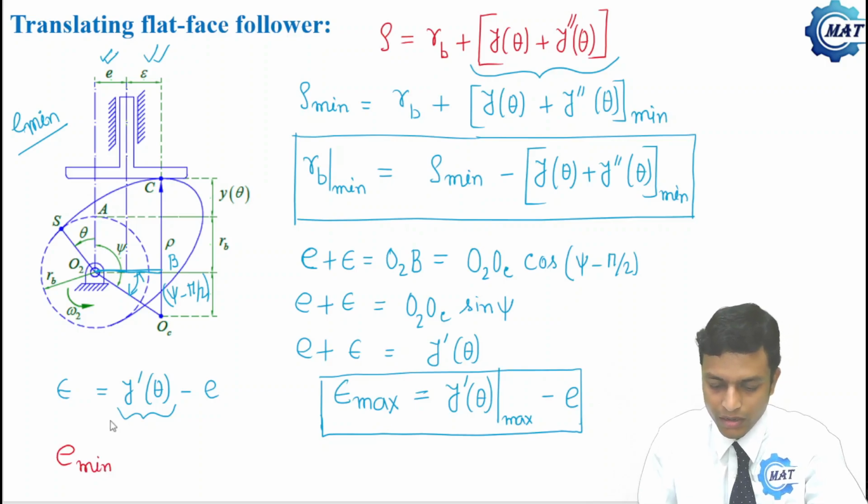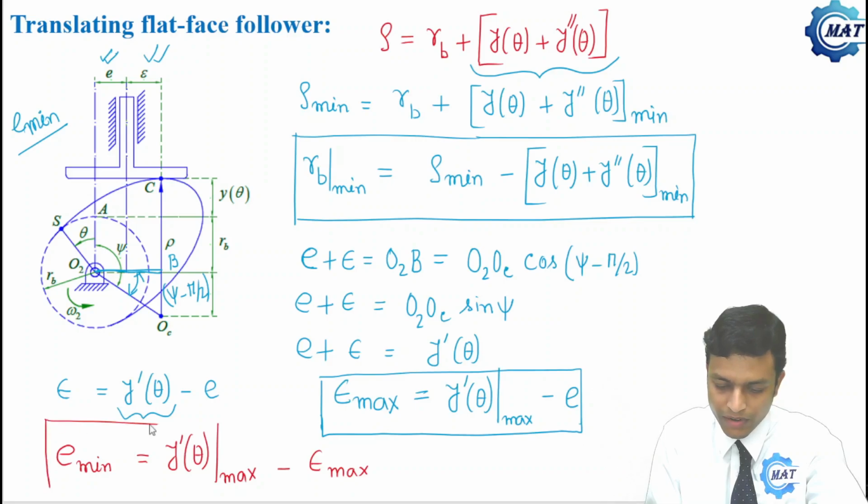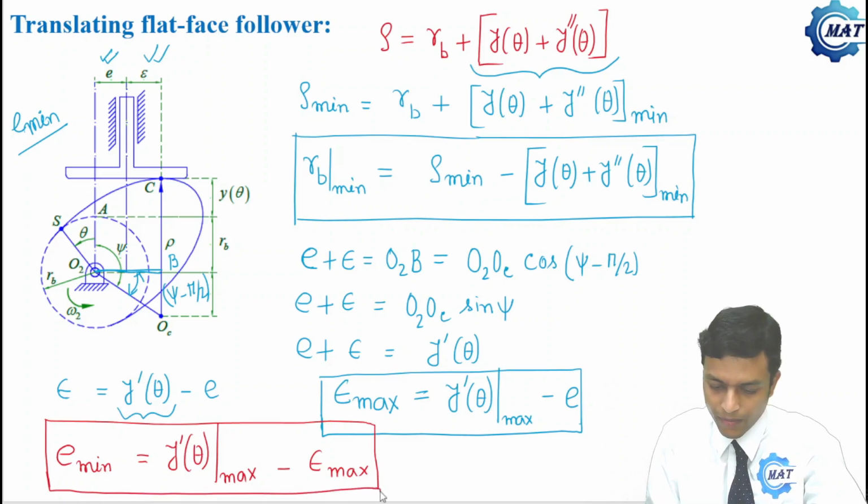So from this equation we get the expression of minimum required E, that is the minimum value of E required for the cam follower mechanism. E min is y prime theta max minus epsilon max. So this is the minimum required value of eccentricity, E min.